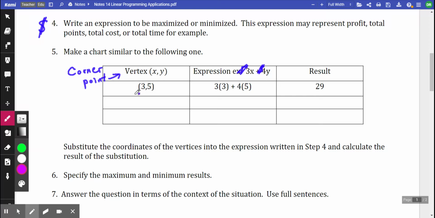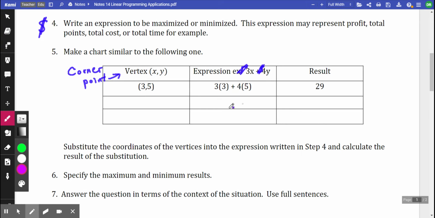Okay, and using these vertices is going to be pretty simple, and you'll see this in our example in just a moment. All we have to do is take these corner points from our graph, substitute into our expression that involves money, and see what the end result is. And so if we're trying to maximize, we'll look for the highest result possible. If we're trying to minimize a value, we'll look for the lowest result possible.